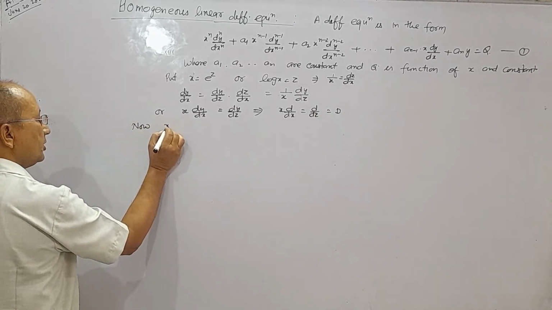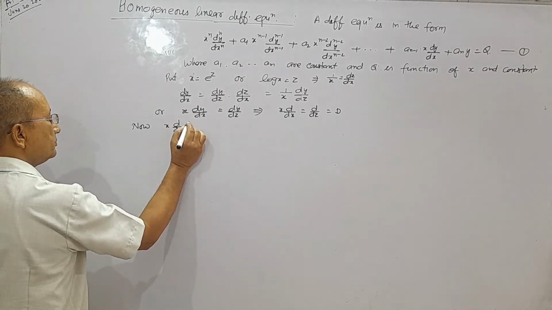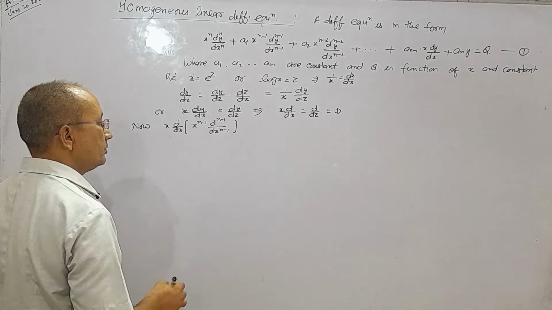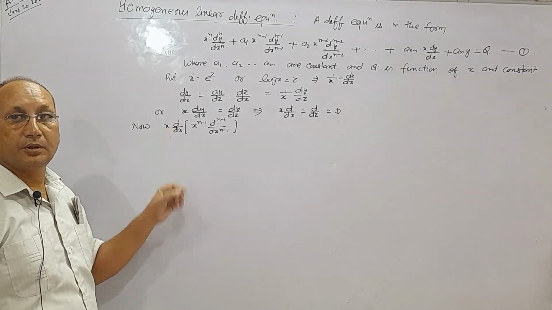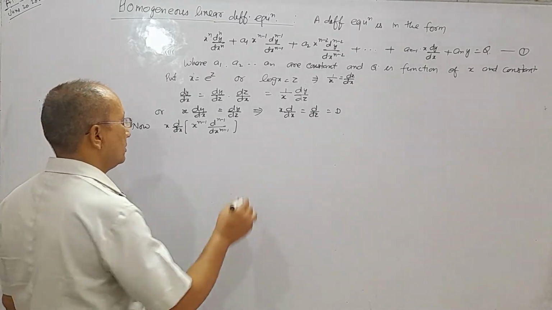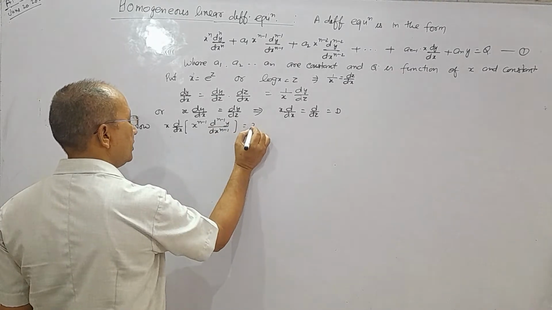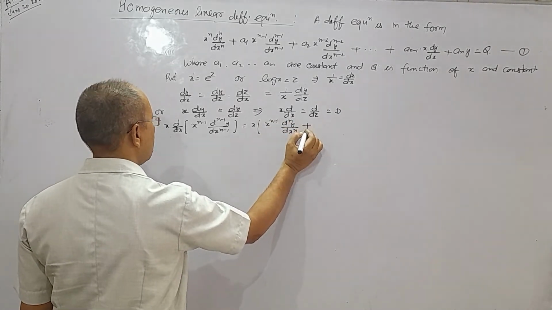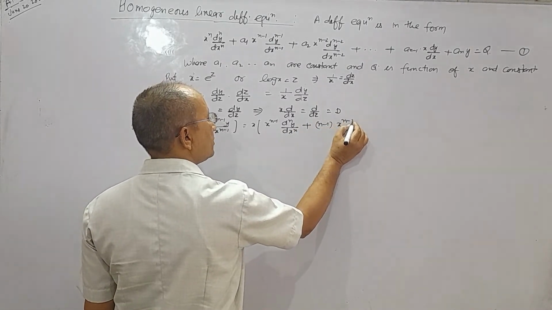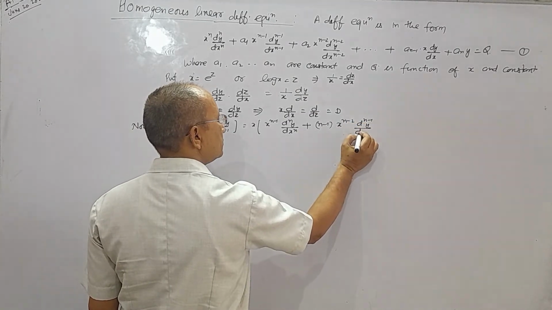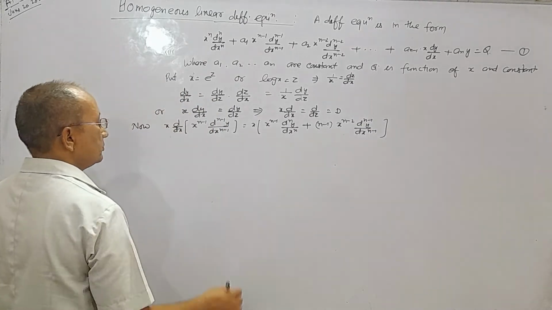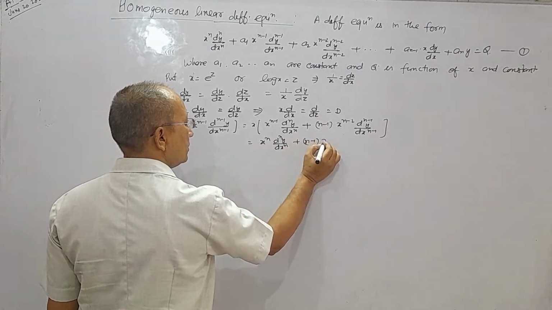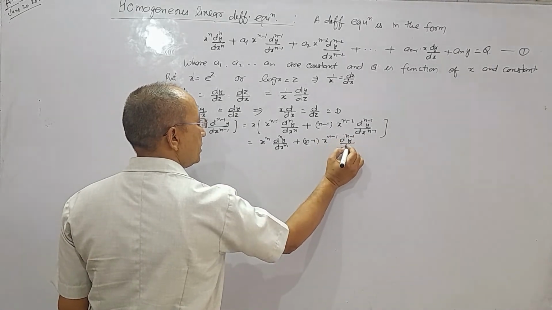Now x d upon dx of x to the power n minus 1 d^(n-1) y upon dx^(n-1), differentiating first and second, equals x to the power n d^n y upon dx^n plus n minus 1 x to the power n minus 1 d^(n-1) y upon dx^(n-1).